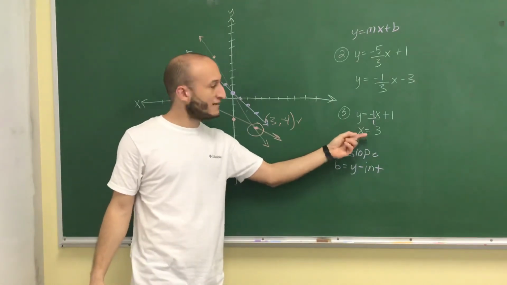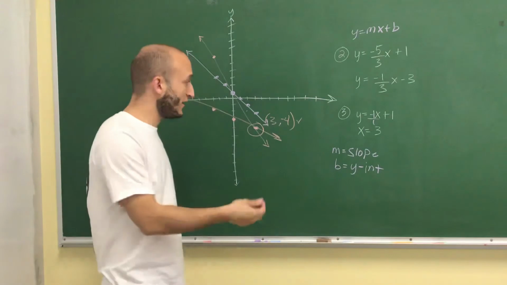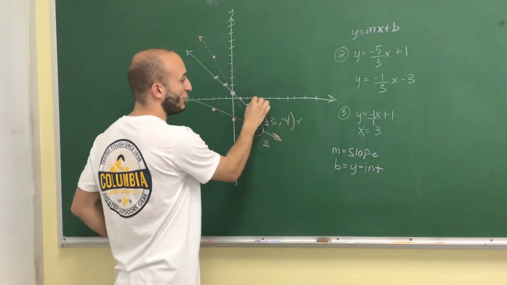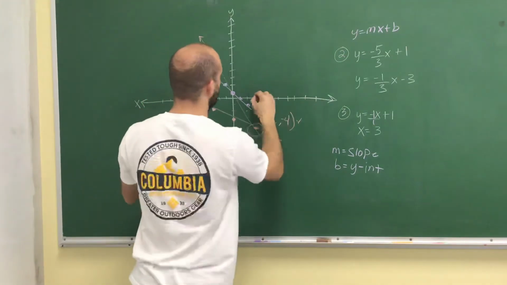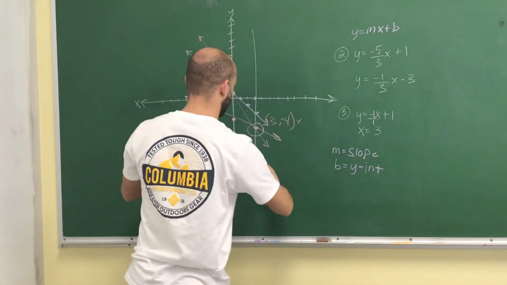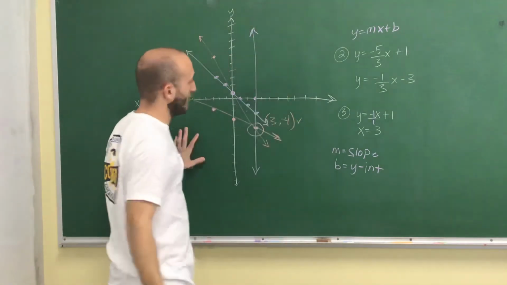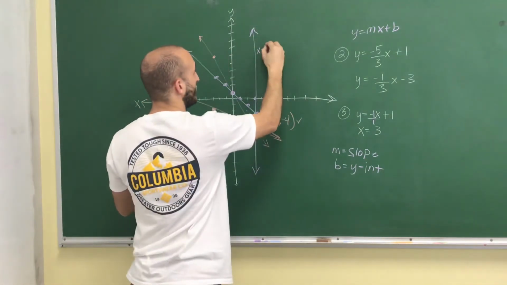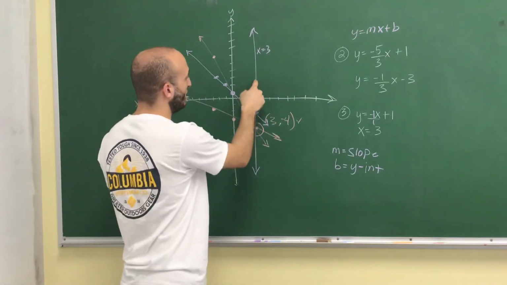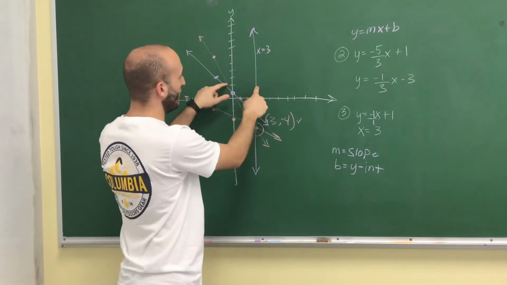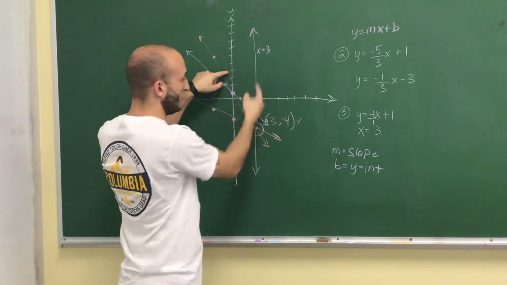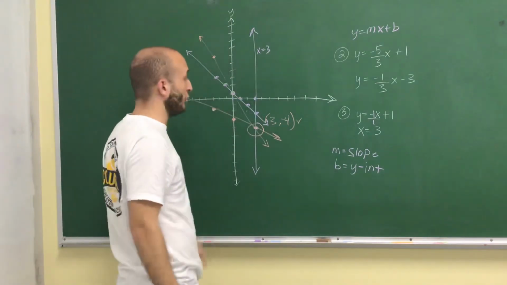So at x equals 3, 1, 2, 3, I draw a line straight down. This is x equals 3, meaning at any of these points, even if it's y equals 1, it's still going to be 3; y equals 2, still 3; y equals 3, still 3. So that's why x equals 3 there.